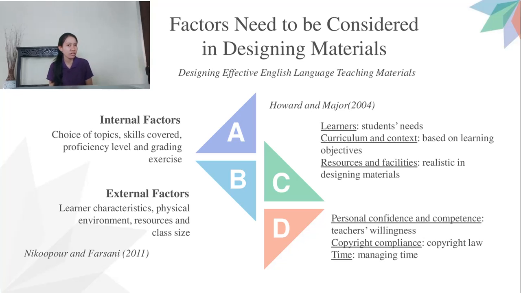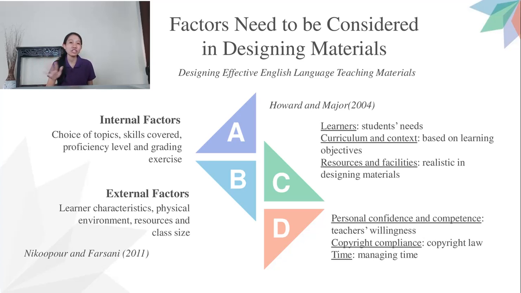Those internal factors are choice of topics, skill coverage, which skill will be covered by the developed materials, and proficiency level and grading of exercises. While external factors are more about materials and characteristics of the learning environment. The external factors are learner characteristics, learning environment, resources, and class size.